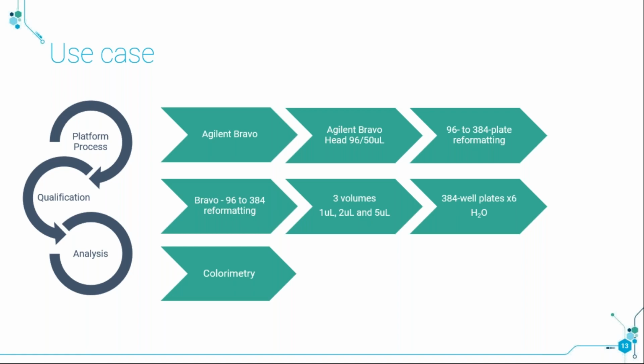Those are the volumes I want to qualify. To do so, I will use 6 384 well plates and water as a solvent. I'm only going to use data coming from a reader, and in this particular use case, the data are coming from a Perkin Elmer ENvision absorbance reader.